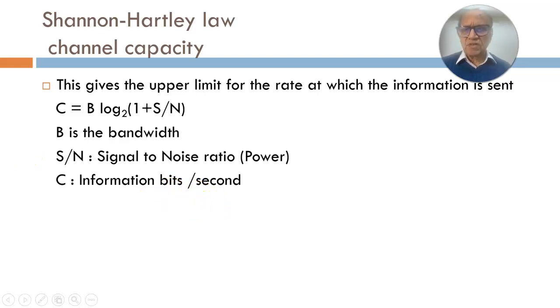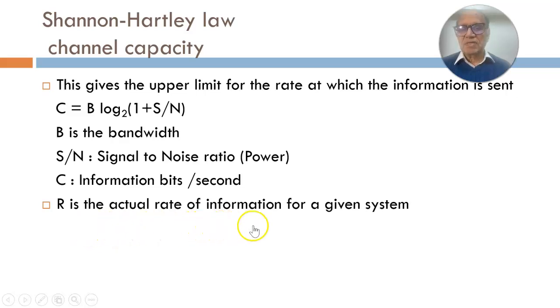Mind you, this is not something which is actually obtained. This is the upper limit that can be obtained by communication systems, and very few communication systems will approach this. Many communication systems will operate only at 50% of the channel capacity. Some of them can operate at 80%, some at 90%, and so on. But they can never overcome this particular limit.